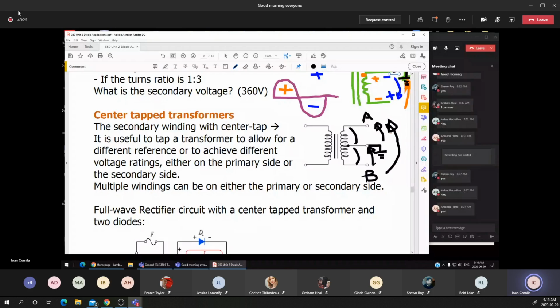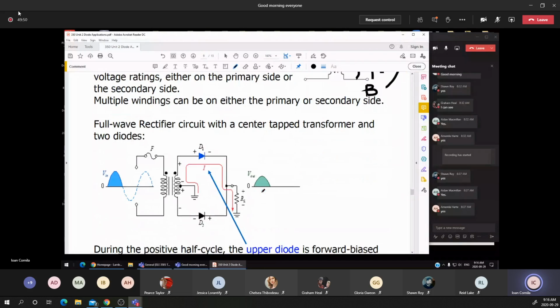The two voltages, VA to ground and VB to ground, each equal half of the secondary voltage between A and B. That's the center tap transformer, and we'll start talking about the basic functionality of how it works in the center tap full wave rectifier.